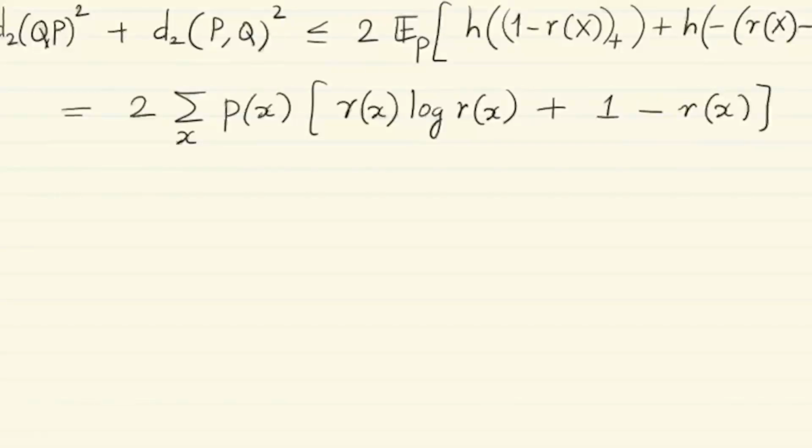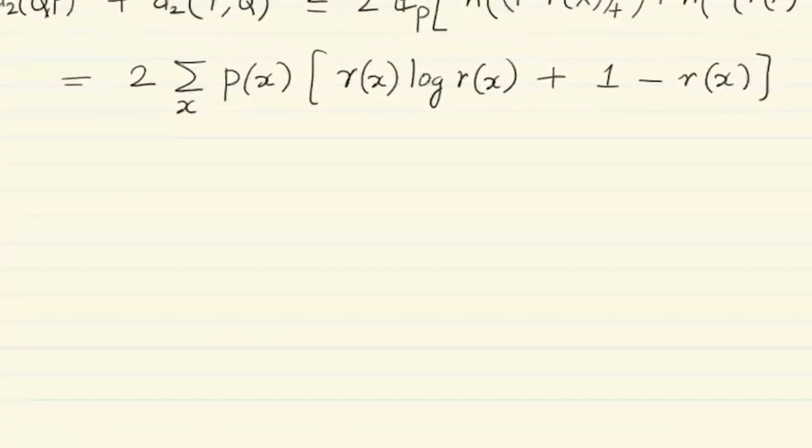Okay, so the second term just becomes 0 because it's the sum of p(x), which is 1, minus the sum of q(x), which is again 1. So 1 minus 1 cancels out, and what remains is just twice the KL divergence between q and p.